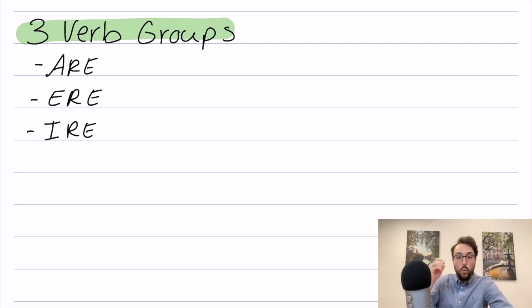Depending on what 3 letters a verb ends in, that is going to indicate to us how it needs to get conjugated. So, I'm going to show you the present tense verb endings for all 3 of these verb groups. That way you could just kind of memorize the endings and use them for any verb.